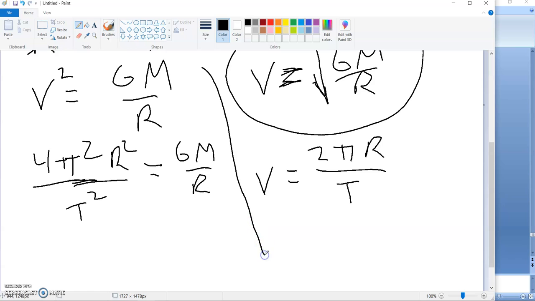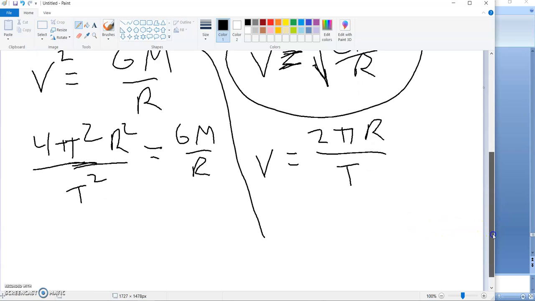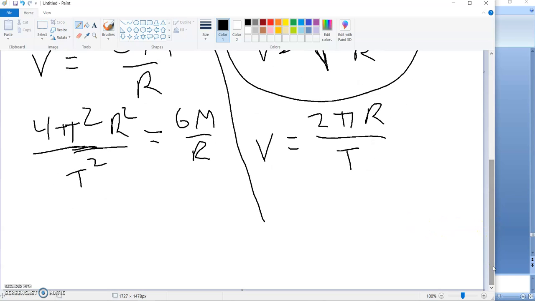So that's just plugging in, and now you could rearrange algebraically. Notice bringing this r up, you get a radius cubed. Bringing that T up, you get T squared times GM.